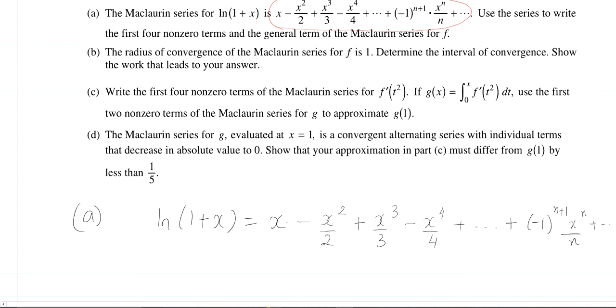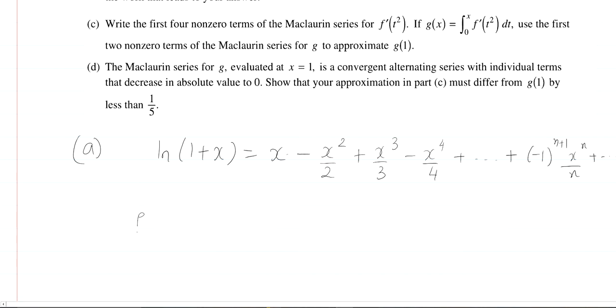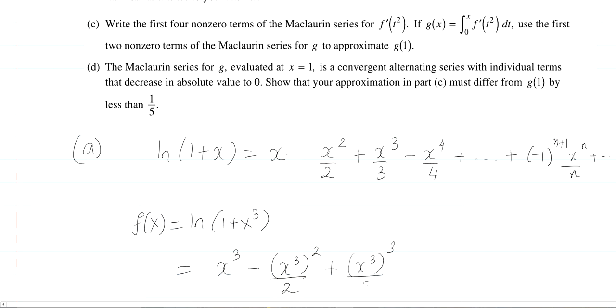So let us write down the Maclaurin series for our function f of x, which is ln of 1 plus x cubed. All we're going to do is replace each of the x's with x cubed. The first term becomes x cubed, the second term becomes x cubed to the power 2 over 2, the next term is x cubed to the power 3 over 3, minus x cubed to the power 4 over 4, dot dot dot.